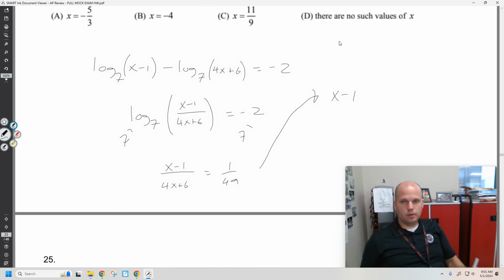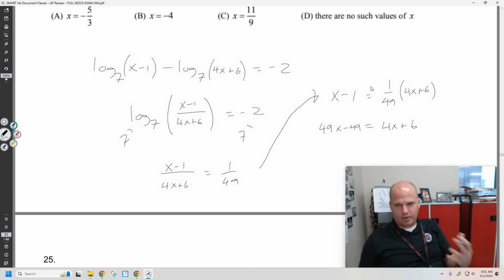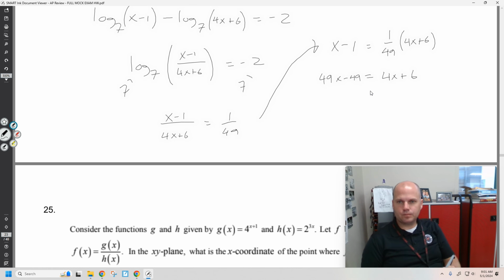There's another way you can do it, but I like this. So I have 1/49 times 4x plus 6. Honestly, this would end up being the other way you do it. Multiply by 49 to get rid of that 1/49. Subtract 4x. Add 49.